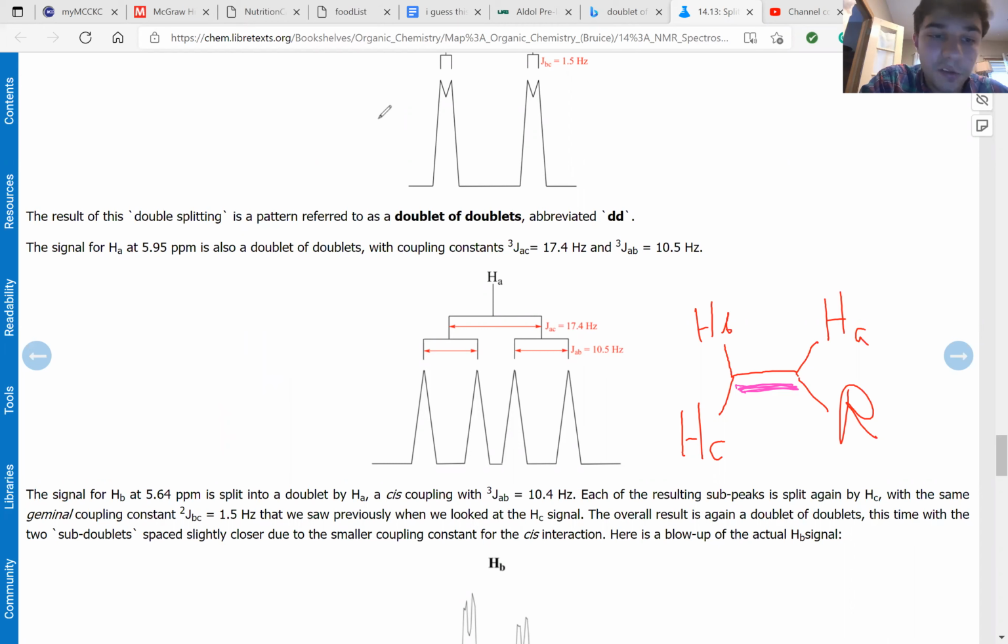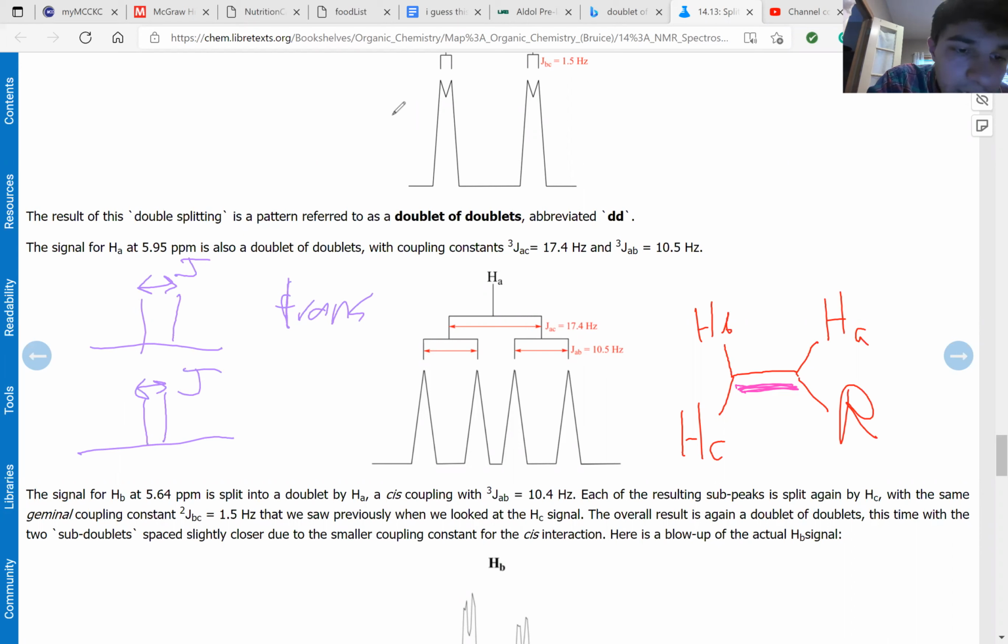You'll either have a splitting pattern, don't mind the noise behind me, with the distance being the J value for the trans. I know it looks like frans, but it says trans. Or you'll have a splitting pattern where the J value is for the cis.